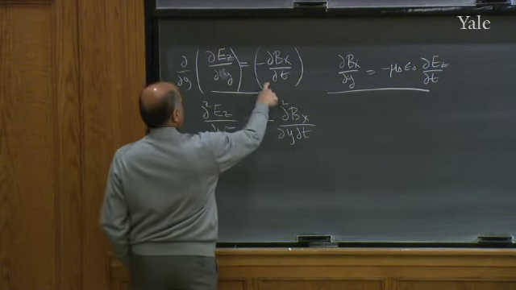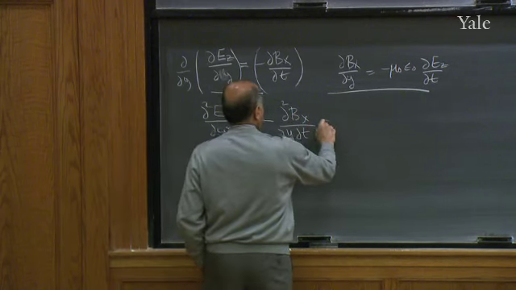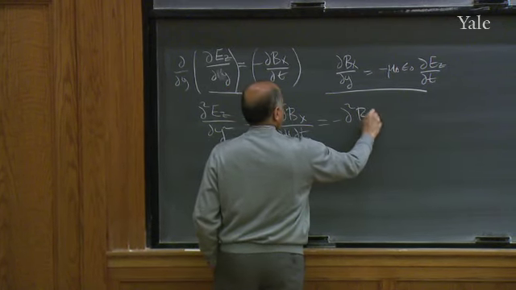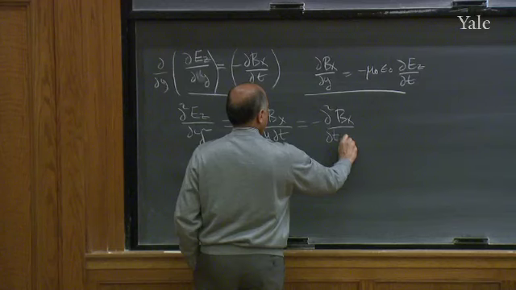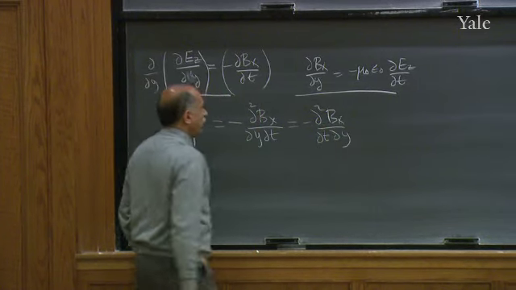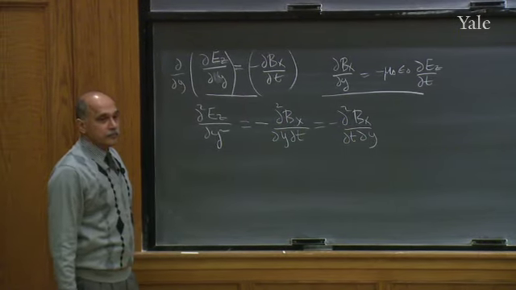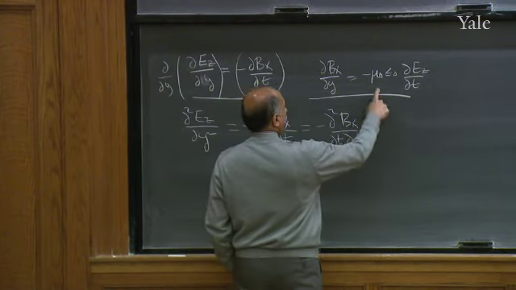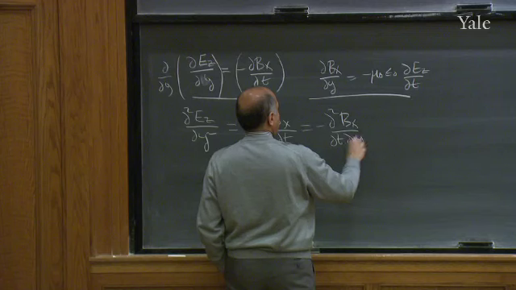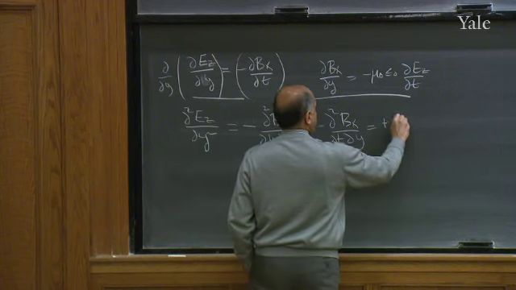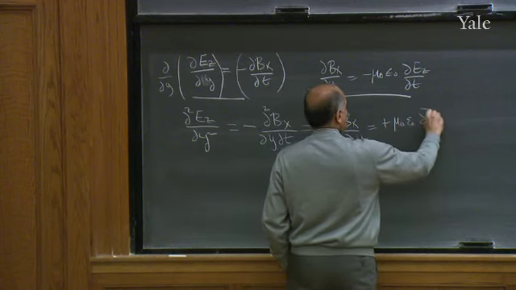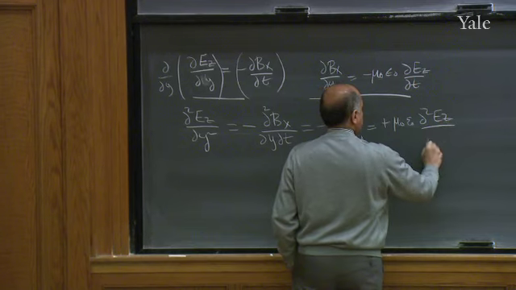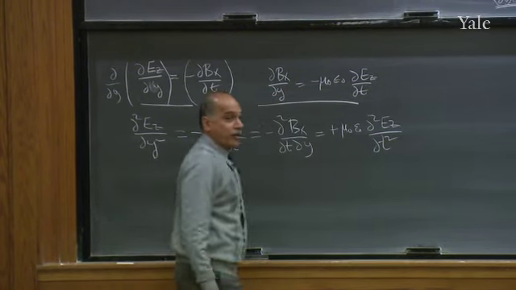Now you know partial derivatives. You can take the derivatives in any order you like. So let's write it as d by dt, d by dy. But dBx dy is minus mu 0 epsilon 0 dEz dt. Another dt makes it plus mu 0 epsilon 0 d2 Ez over dt squared.